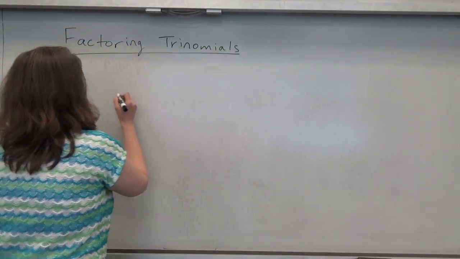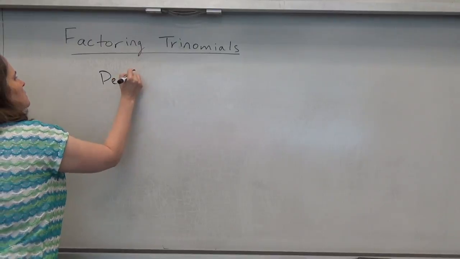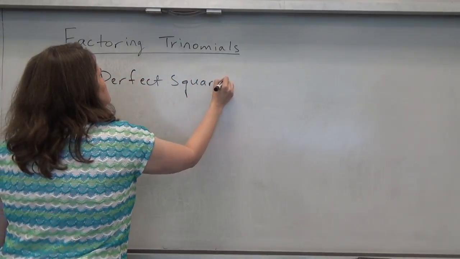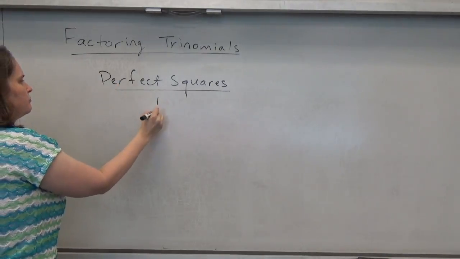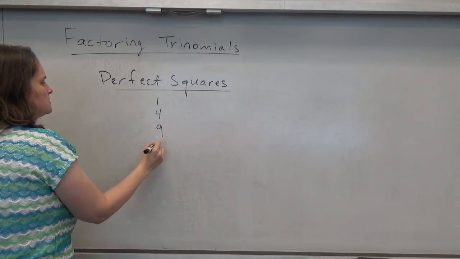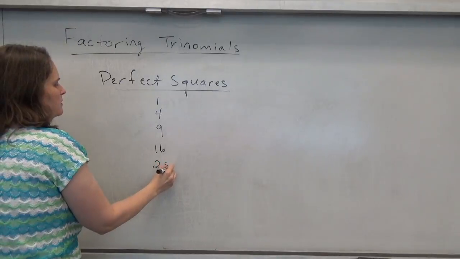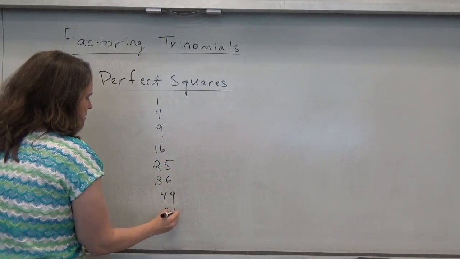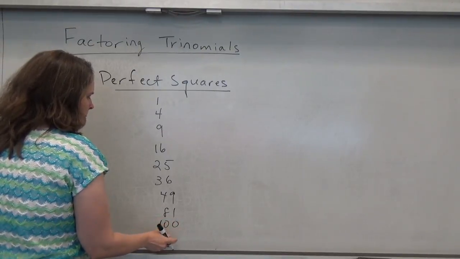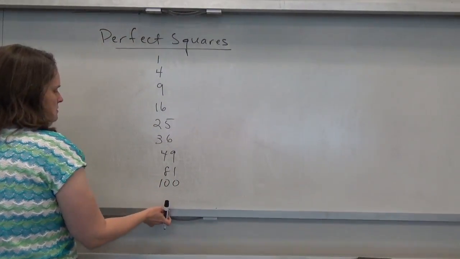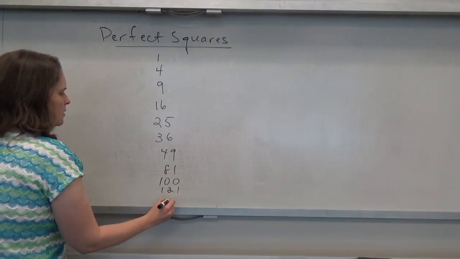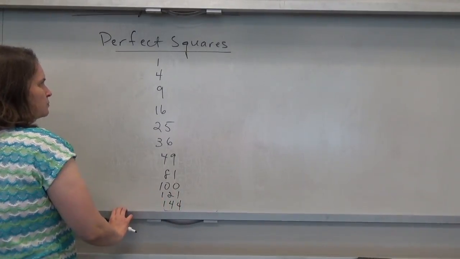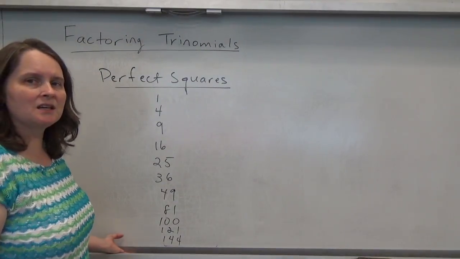Perfect squares would include 1, 4, 9, 16, 25, 36, 49, 81, 100, 121, and 144.